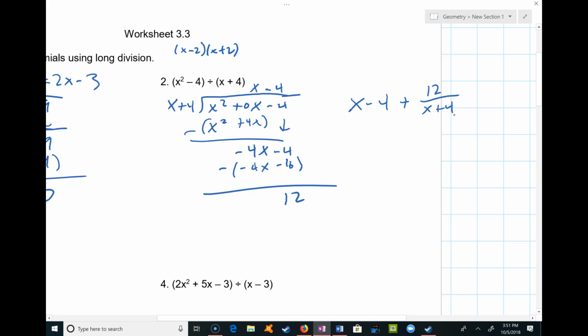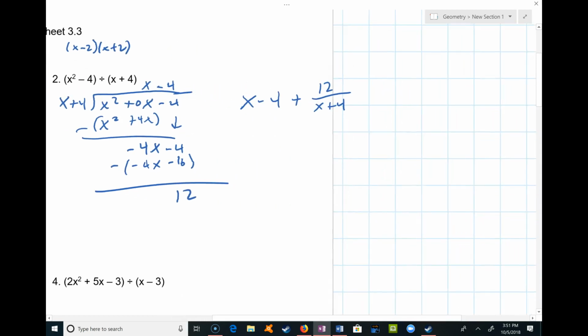Okay, so this is kind of like a mixed fraction, if you remember mixed fractions, just to give you a connecting point. When I take, for example, 10 divided by 3, I could divide 3 into 10, and it'll go in there, I'm sorry, 3 times with 1 left over. So that ends up being 3 and 1/3.